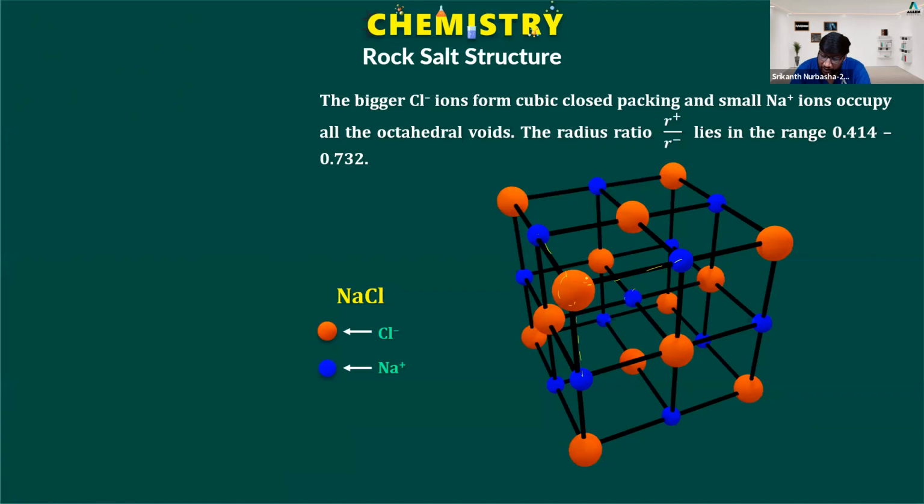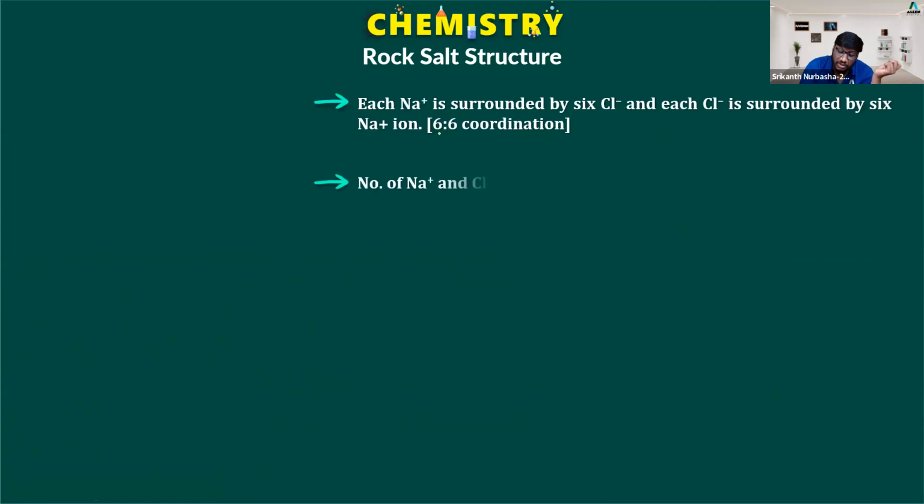Exactly opposite to each of these, you will have one more Na plus. So every chloride ion will be surrounded by 6 Na plus ions, and every Na plus ion is surrounded by 6 chloride ions. So 6:6 type. Coordination number of cation and coordination number of anion, 6:6.